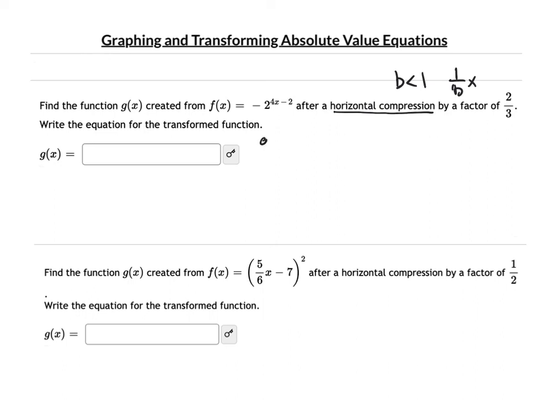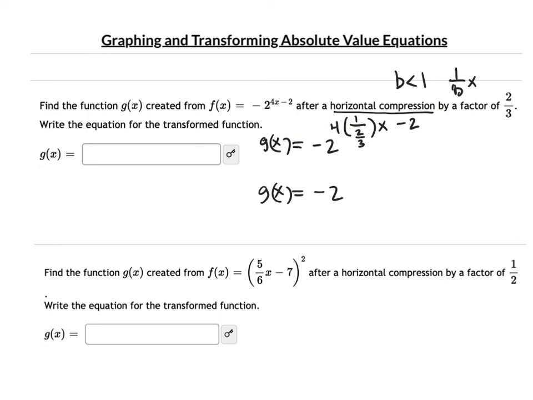So my equation g of x becomes negative 2 to the power of 4 times, and x gets replaced with 1 over b times x. So it's 1 over 2/3 x, so that's 1 over b times x minus 2. Now I'm going to have to multiply by the reciprocal, and that means I'm going to have to flip the 2/3.